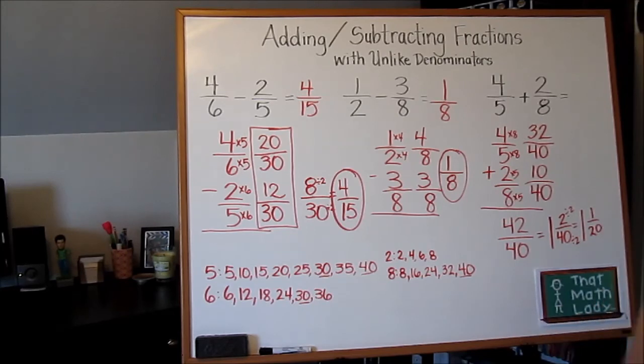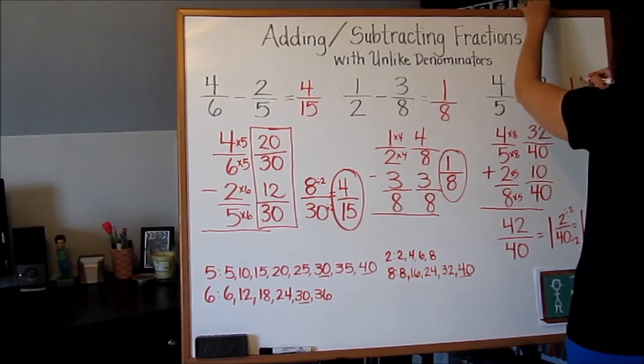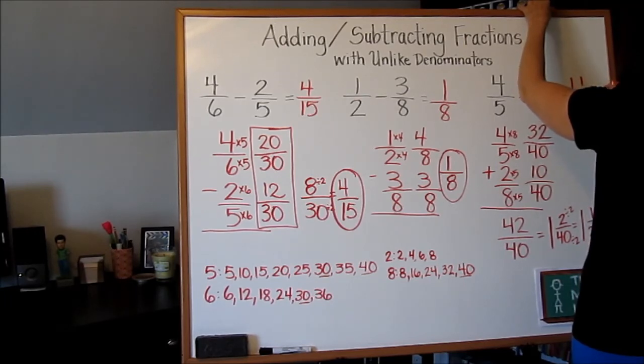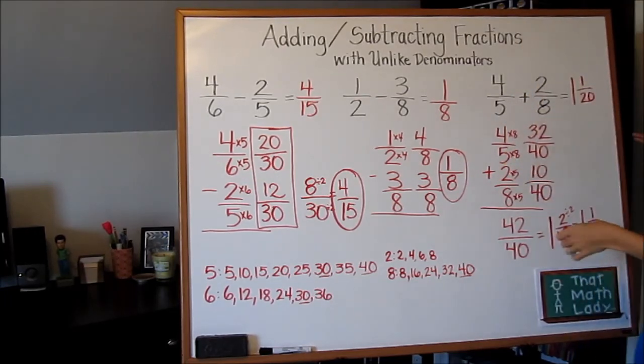If I divide both of those by 2, my new reduced fraction, when simplified, is 1/20th. So 4/5 plus 2/8 is equal to 1 and 1/20th. And that's adding and subtracting fractions with unlike denominators.